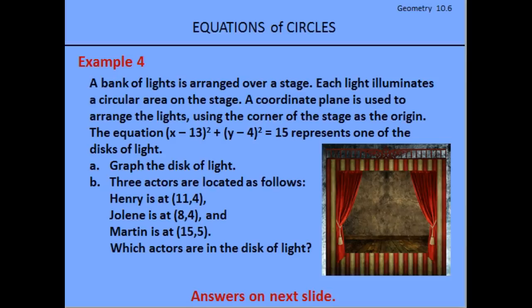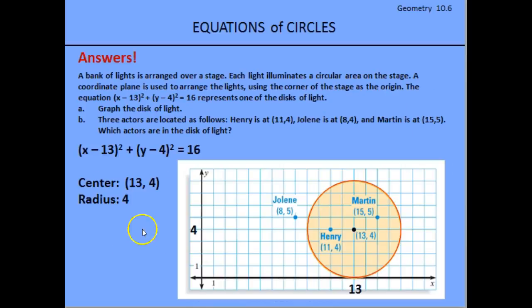Okay, let's check this out. Here is our equation, which means we know our radius. If this is 16, our radius is going to be 4, and our center is at 13, 4. So we have to get our piece of graph paper, and we go to 13, 4, and we plot our center.